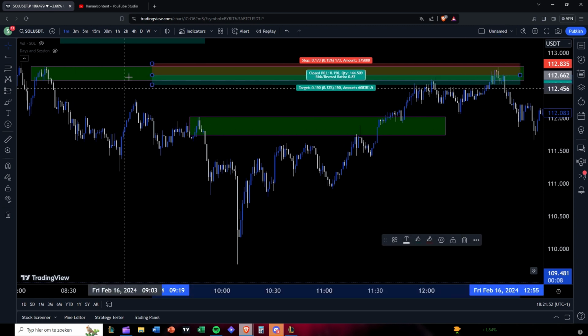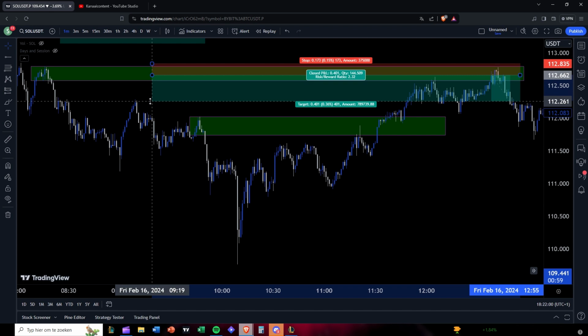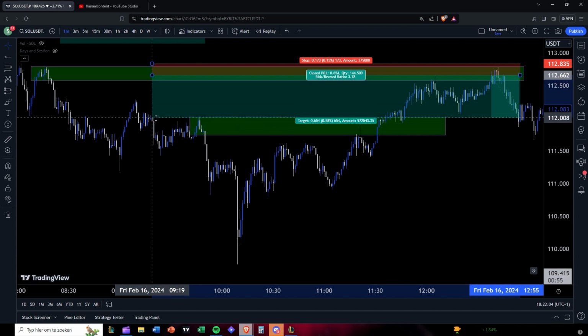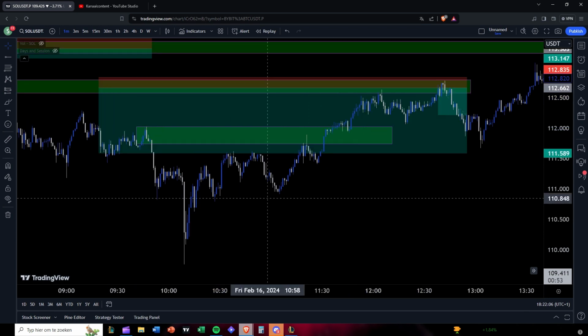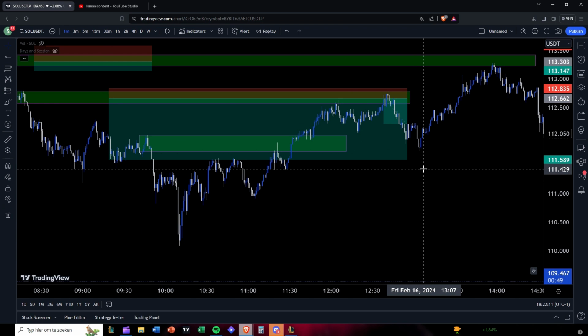So if you would have got in the middle, you would have gotten filled over here. And this would be a defensive, this would be aggressive, and this would be your trade plan. Maybe even this one. But this one wouldn't have worked.